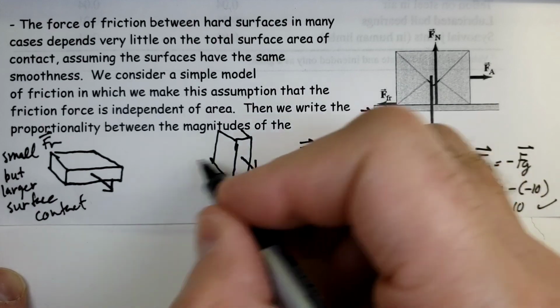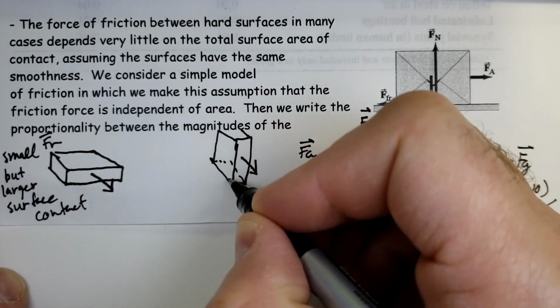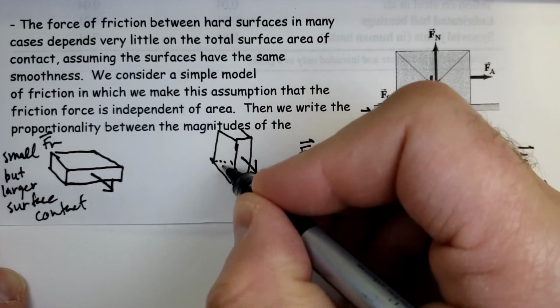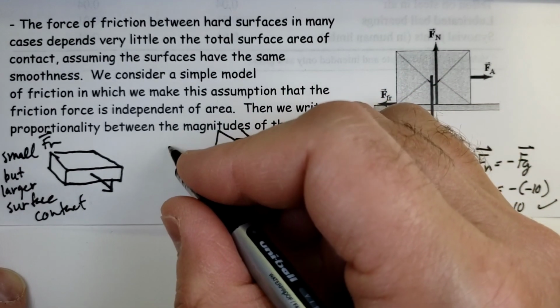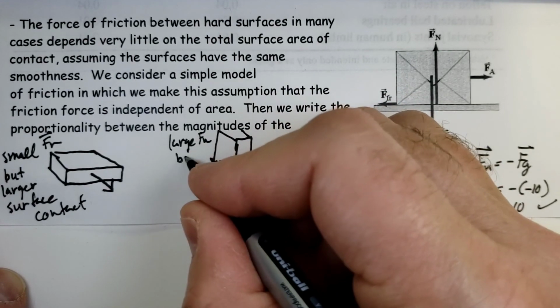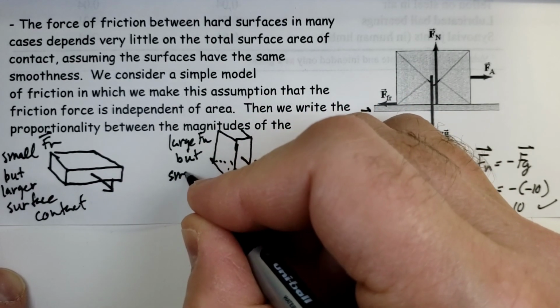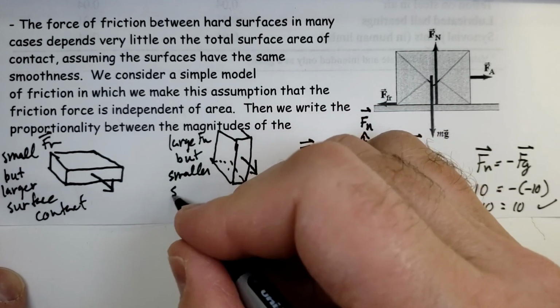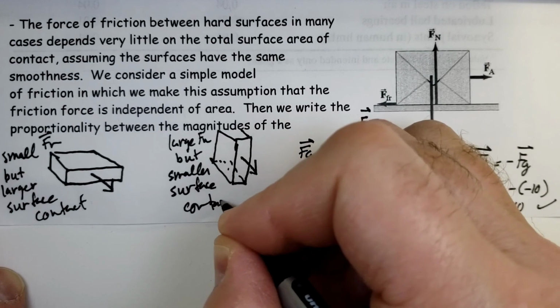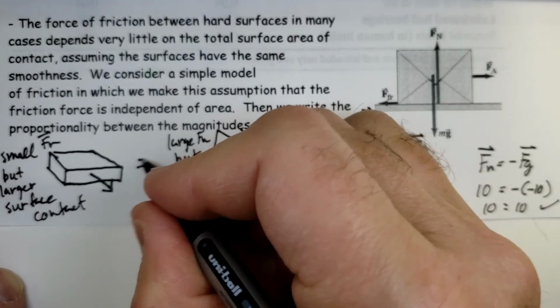Here you'll see at every unit area I have a huge Fn pressing down on the contact surface. So this is large Fn, but smaller surface contact.